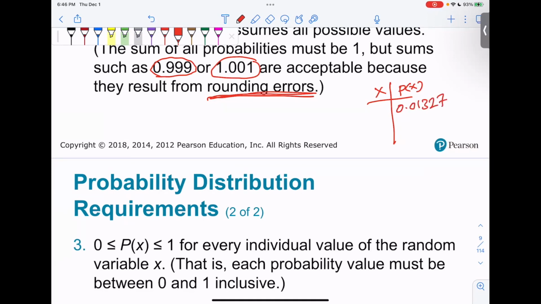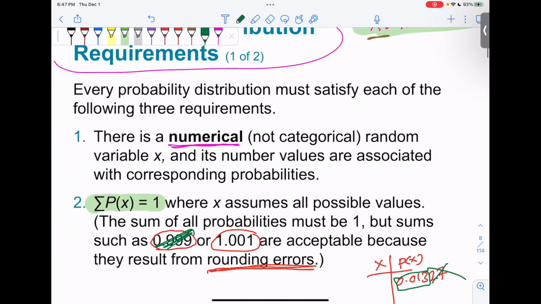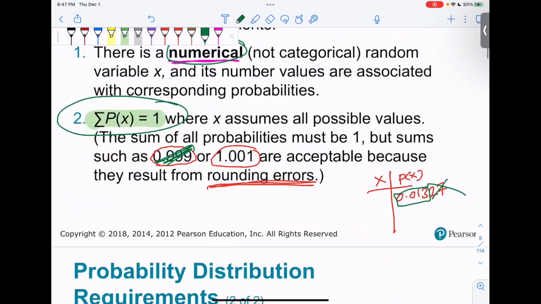And then I will usually round the probability to three digits. So this number, I will count just those, and those other digits I will take out. It will get me some error here, okay? So first condition, numerical. The second one, summation of probability equal to 1.